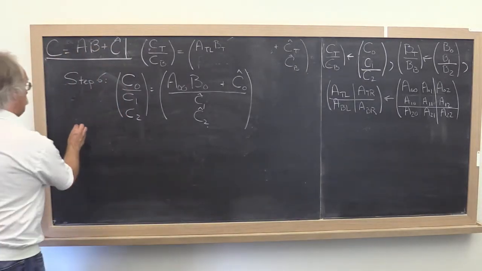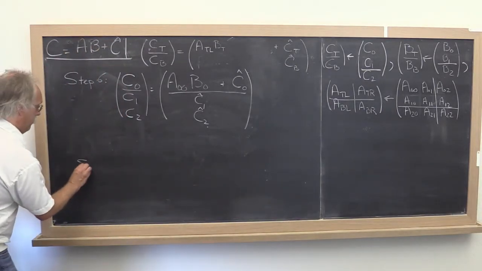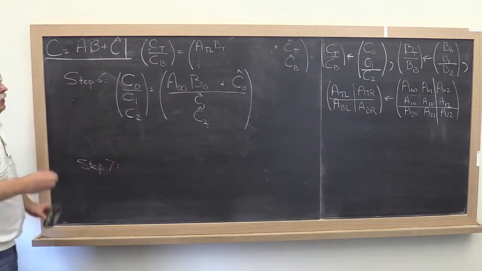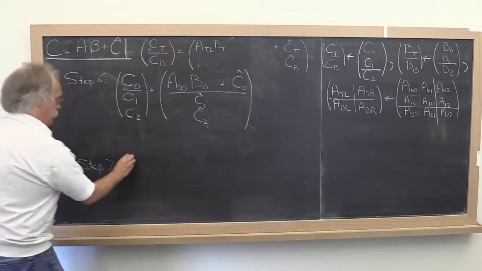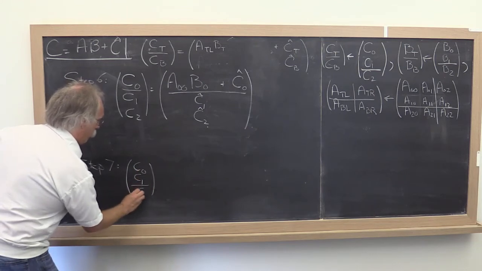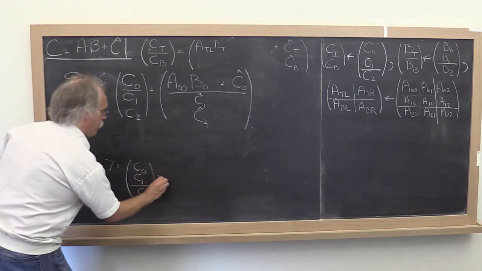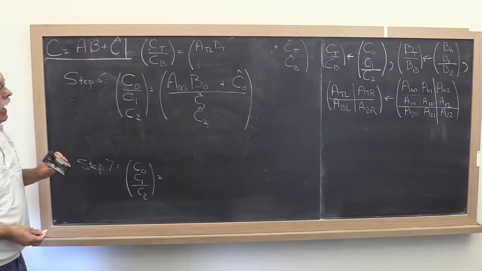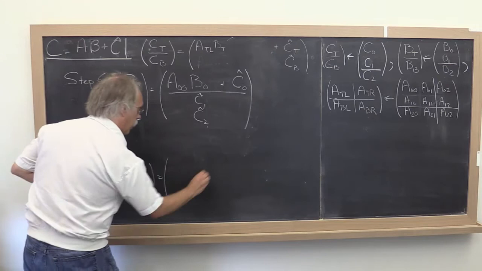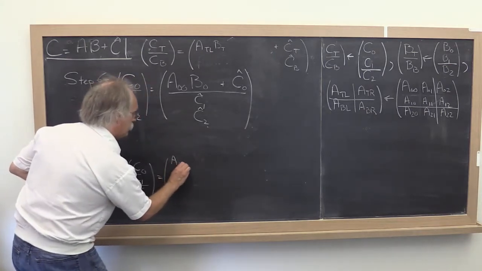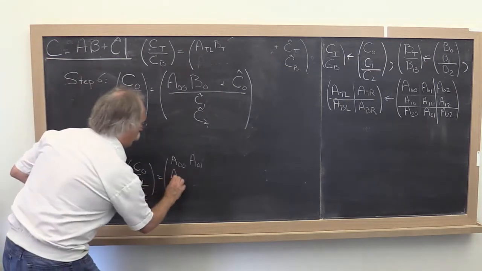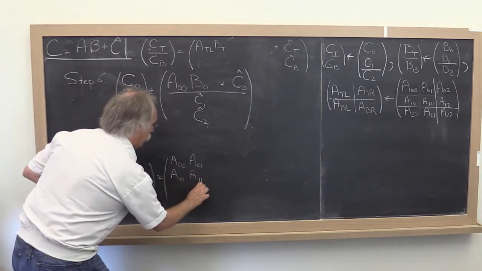Okay, so then for step 7, what do we get? Well, this part is easy. And now, A top left is this 2 by 2 matrix of blocks. A00, A01, A10, A11.